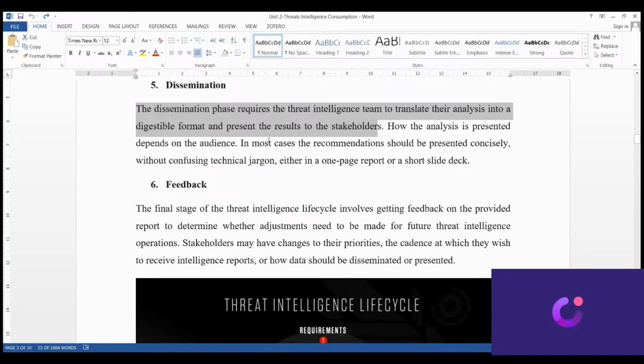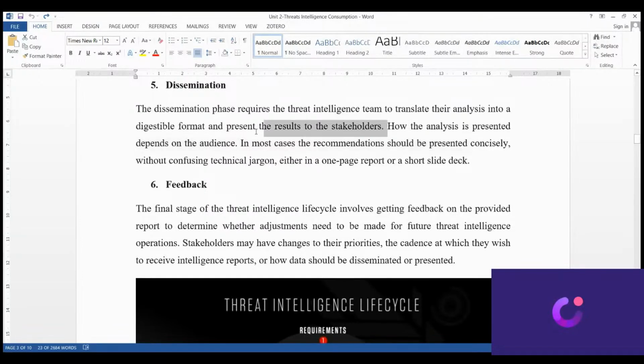So basically, that's what dissemination does. Here you disseminate the findings to the stakeholders, the people with keen interest in knowing what really is happening on the network. So these are the people that you are supposed to present your findings to.